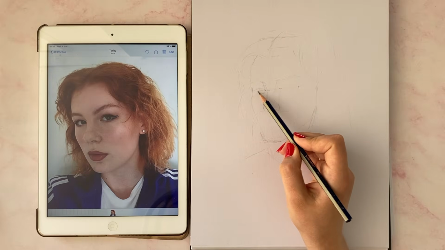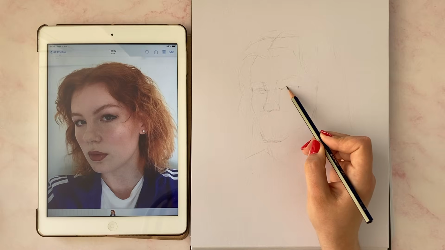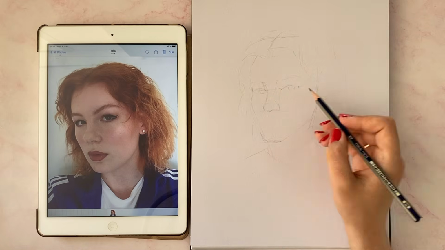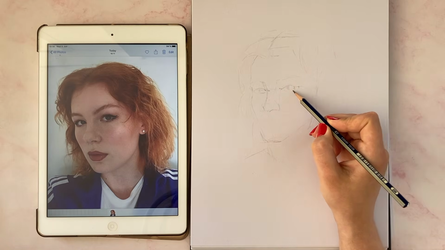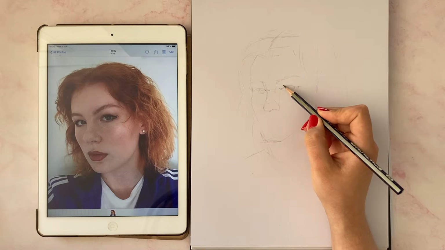And this is actually what shaping is all about, getting the right proportions so that a real-life object or subject will look alive and realistic.